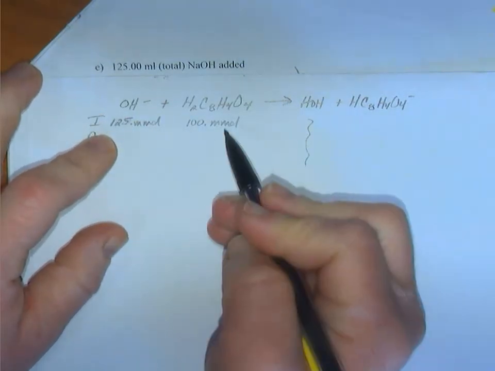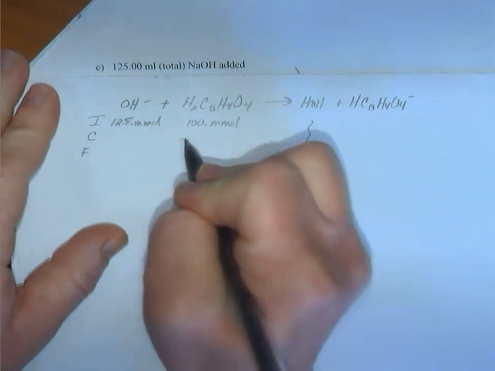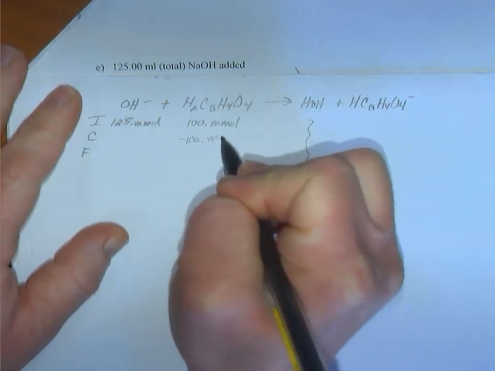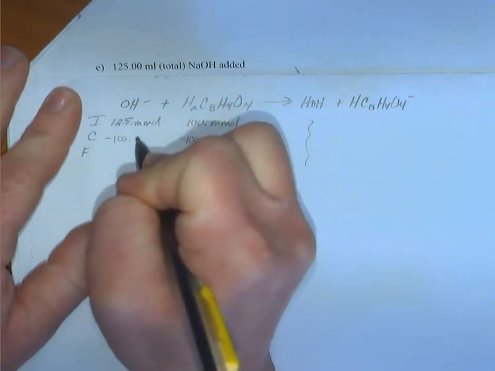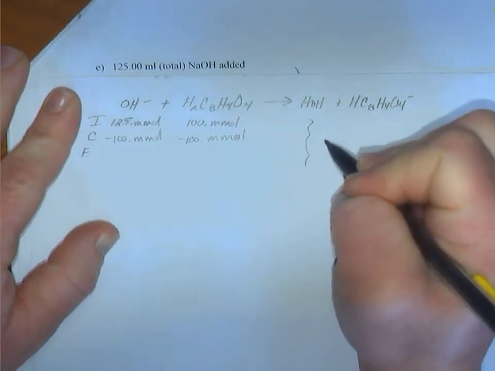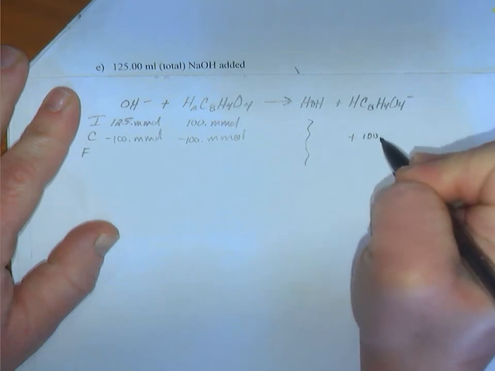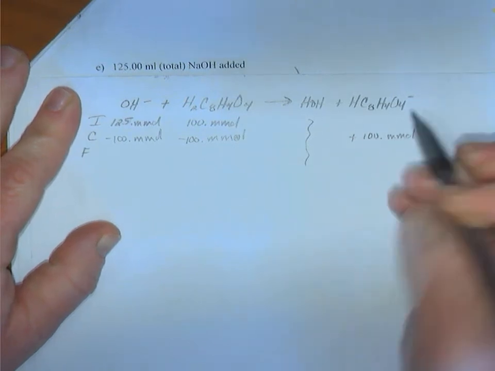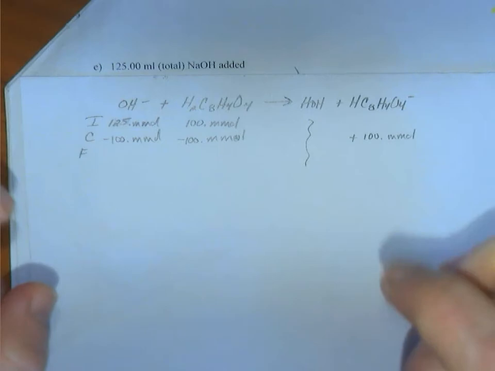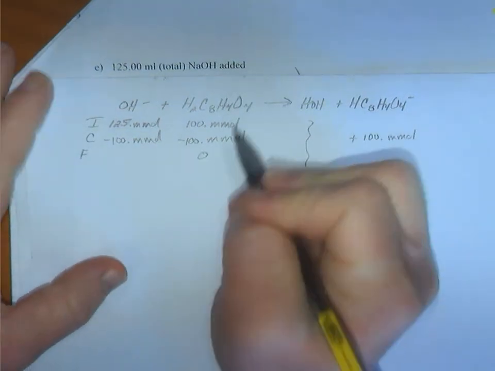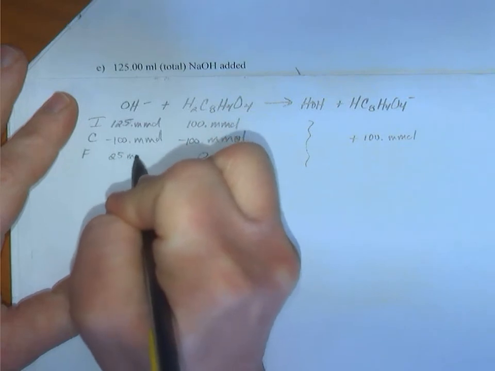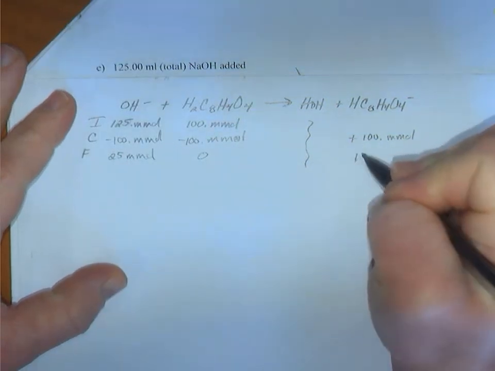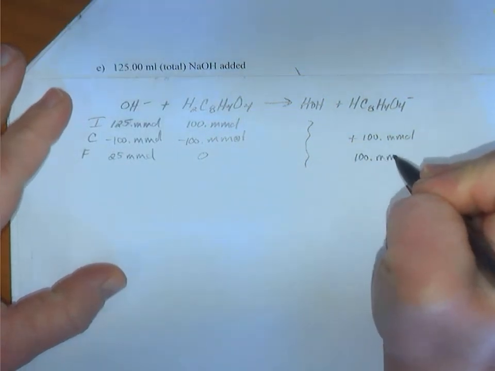So this becomes our limiting reactant. We will react away 100 millimoles of both this and the base, and have made 100 millimoles of this amphoteric anion. So this is gone, but I have 25 millimoles of this remaining and 100 of this.